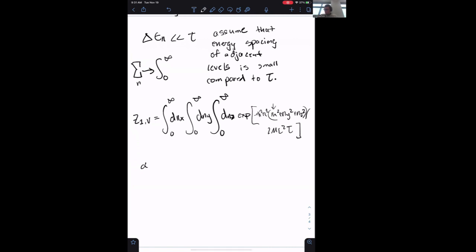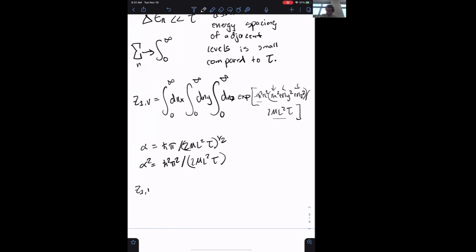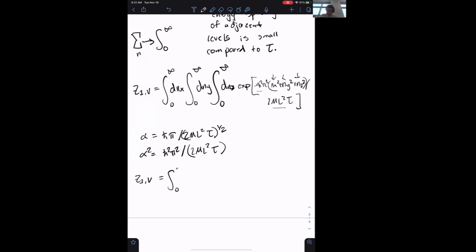So we only are integrating over nx, ny, and nz. All this other stuff we can pull out and define, therefore alpha squared is that, and that's just going to clean this up a lot. Have a negative sign here.